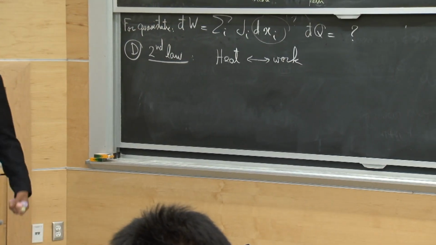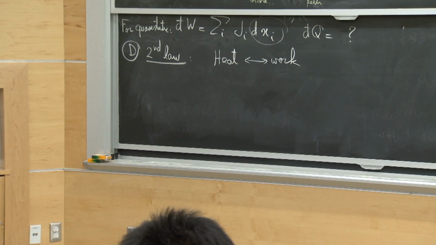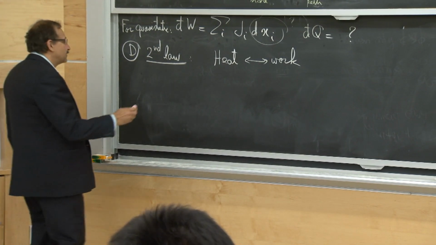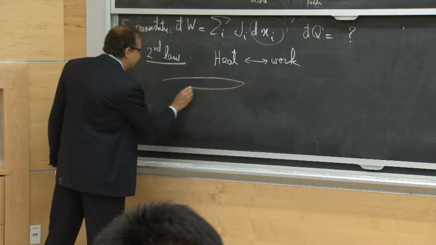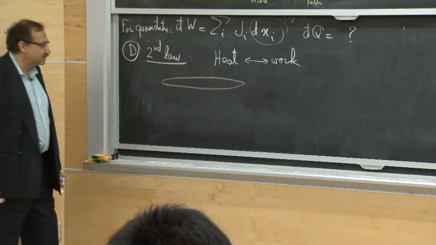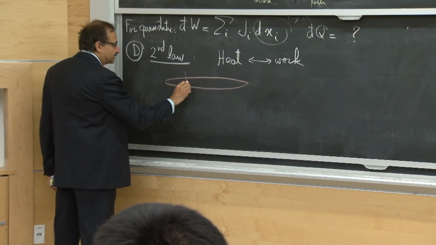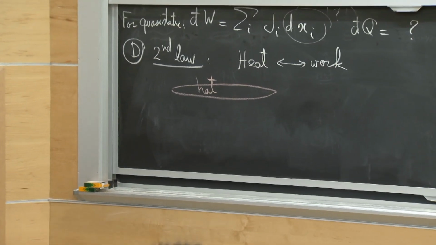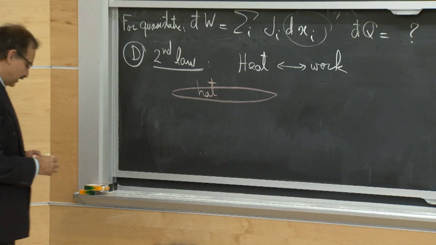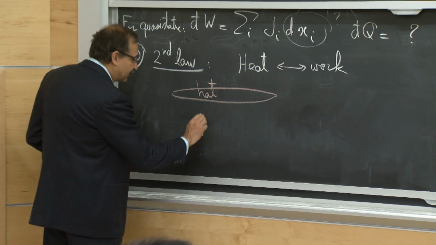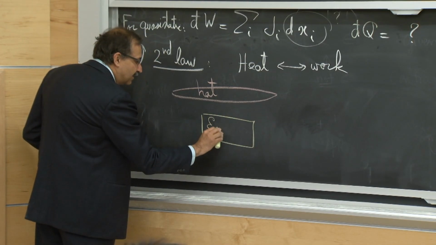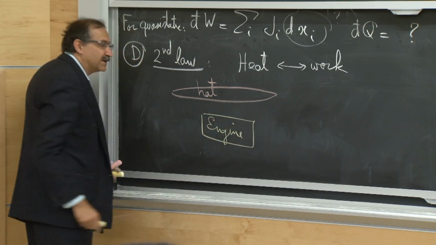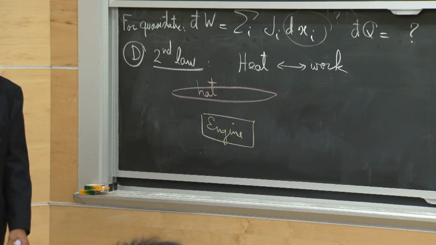So the typical thing that you have for your coal engine is you have something that is a source of heat. So there's, for example, a fire that you are burning. You have some kind of a machine that has components such as a piston that is being heated.